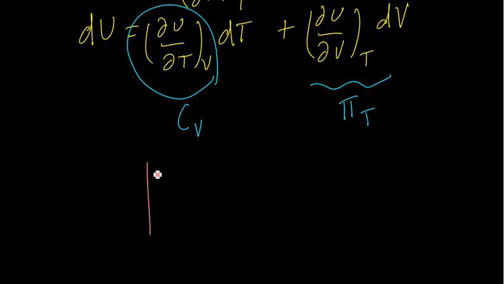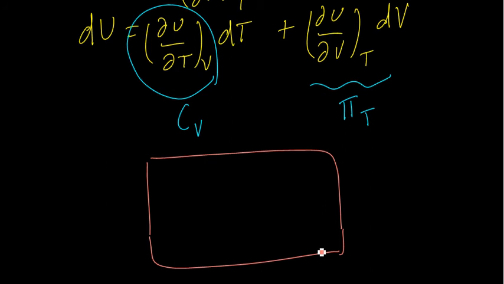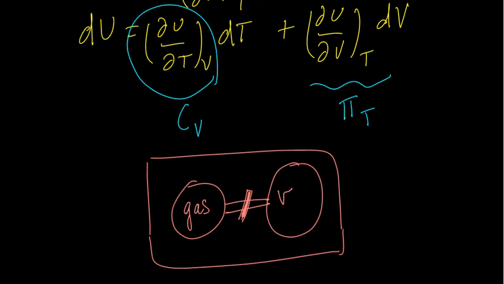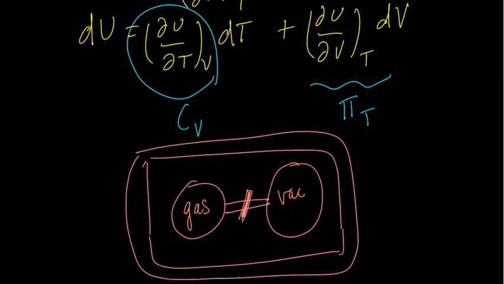So take an insulated container. Okay. And let's say we have some gas over here, and we have vacuum over here, and this is insulated, so let me make it insulated by drawing a double wall.